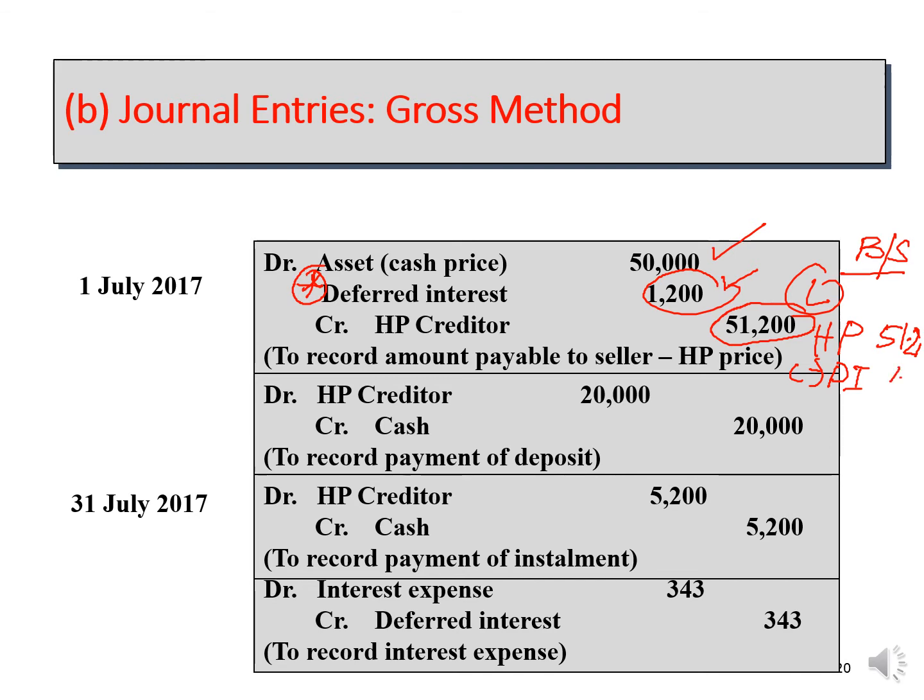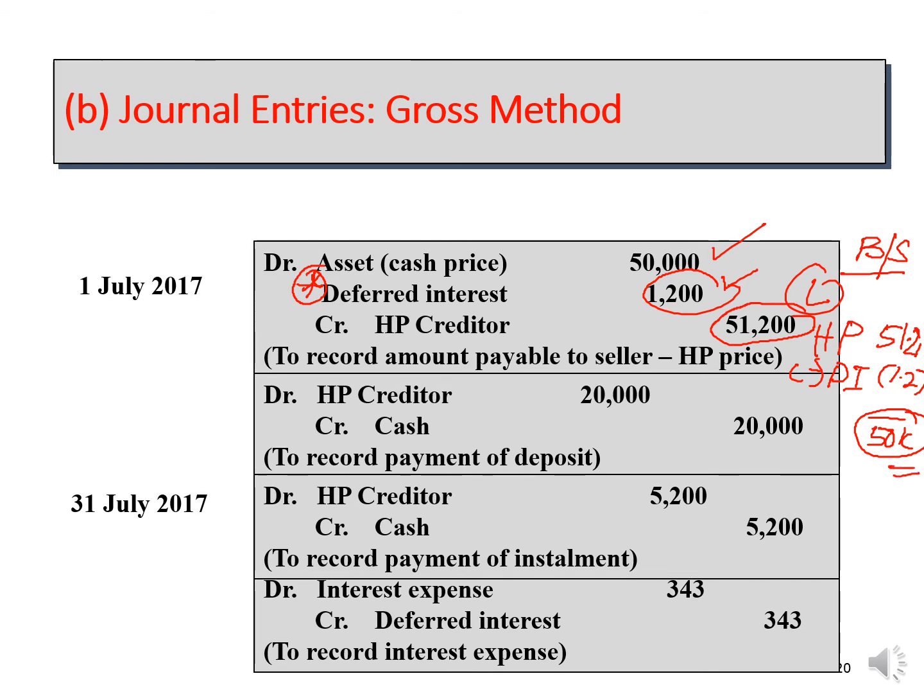So the total net amount of your HP creditors is actually 50,000. This figure is similar to the figure you got in the net method.